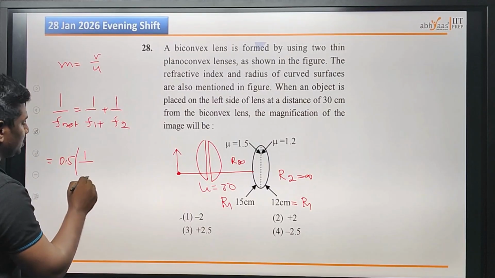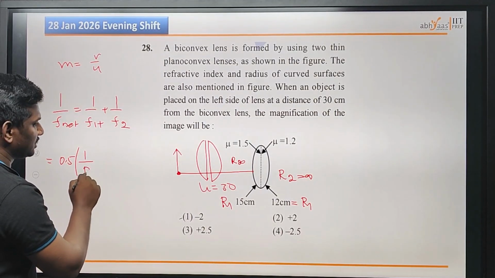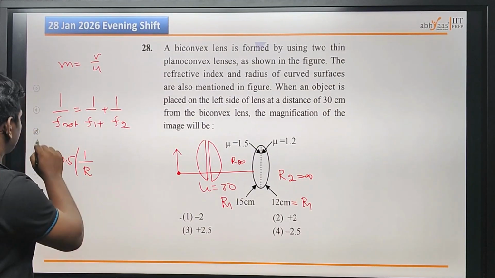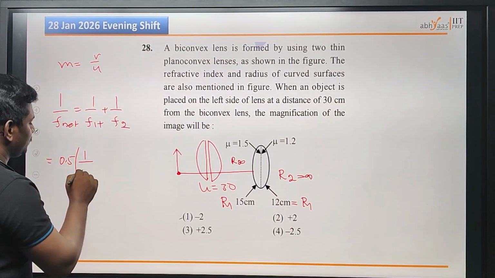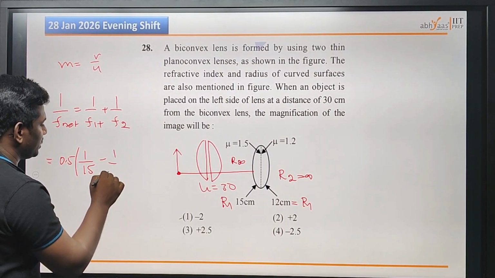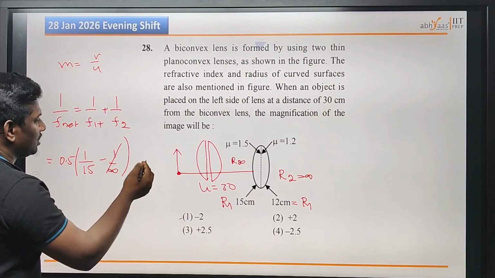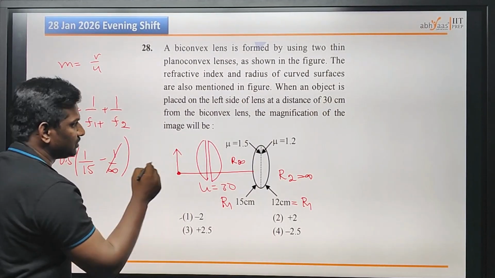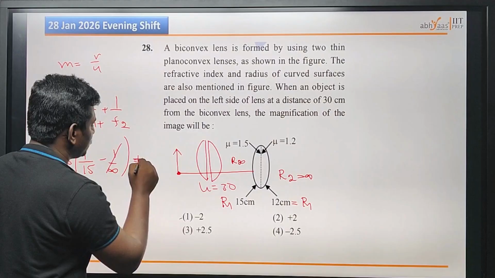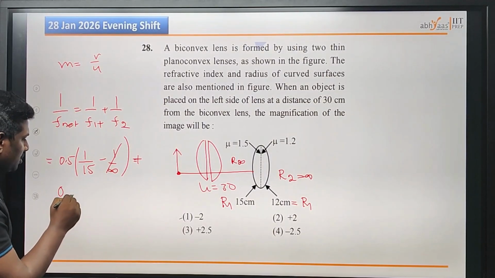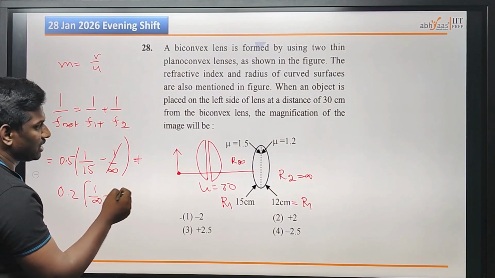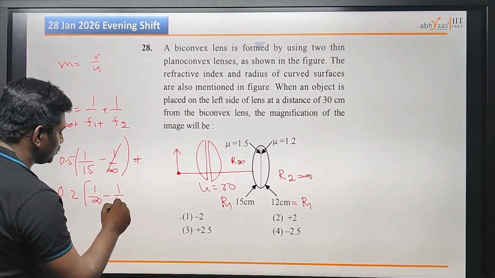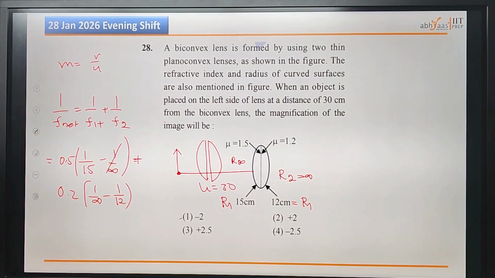1 by R1, that is nothing but 15 centimeters, minus 1 by infinity, this is 0, plus one more is there, 0.2, 1 by infinity minus 1 by 12.